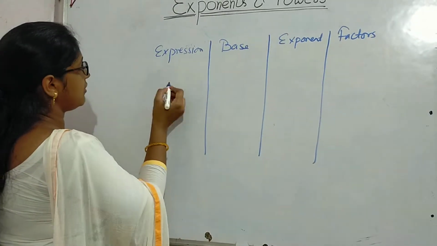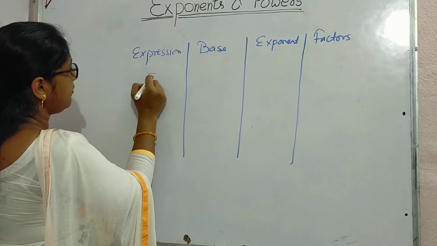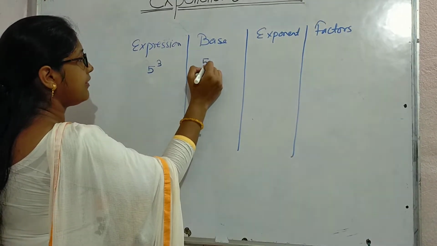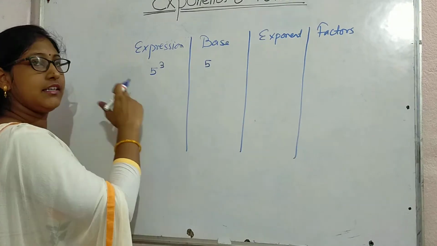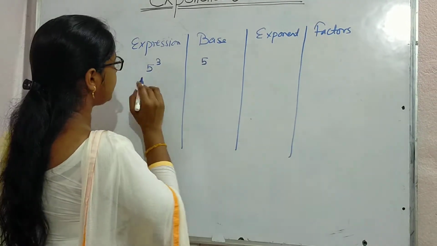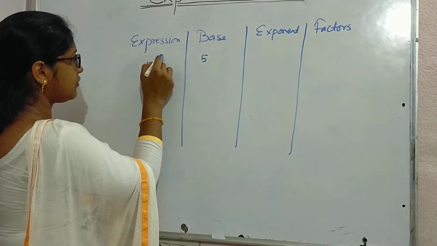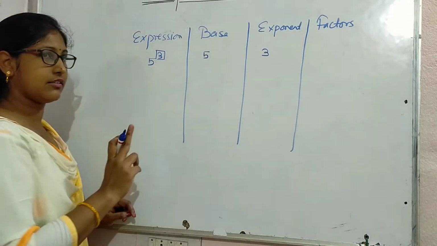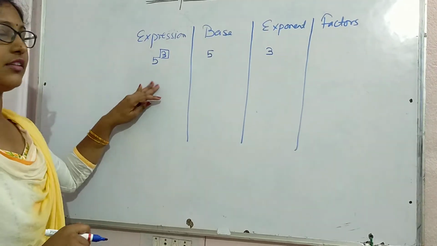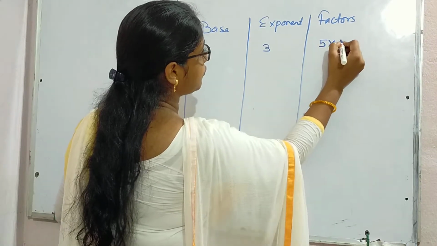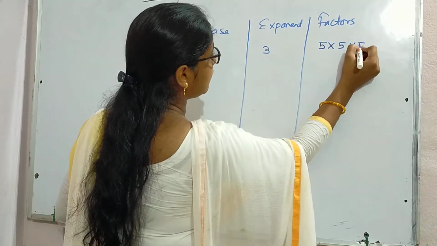So suppose we have the number 5 to the power 3. Then its base is 5, because here 5 is multiplied 3 times. Exponent means the number which is written in superscript, so here exponent is 3. And factors means how many times this number is multiplied, so factors is 5 into 5 into 5.